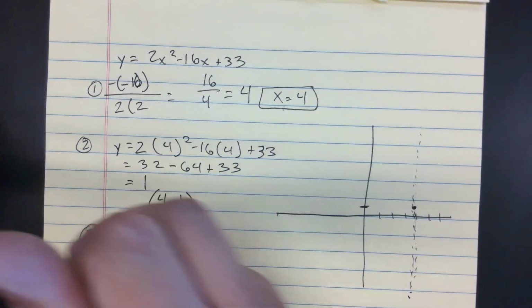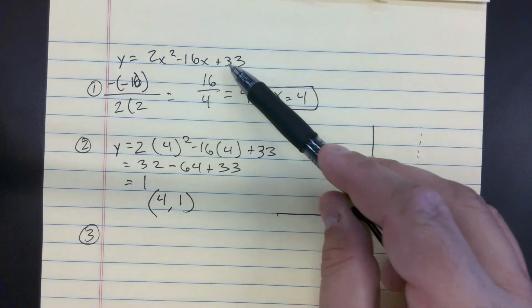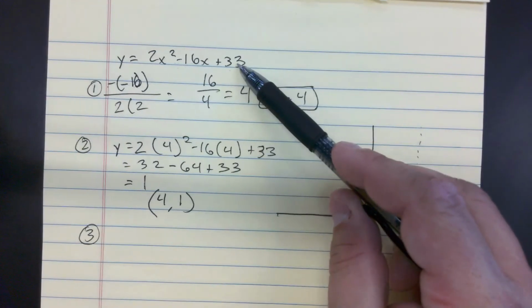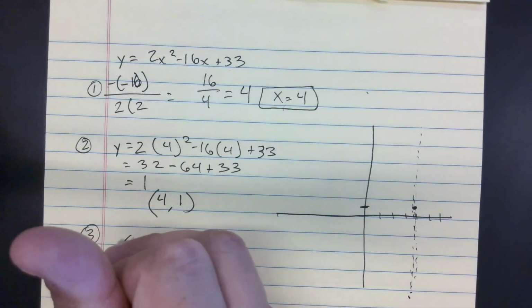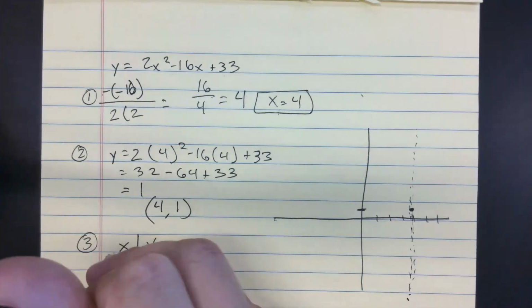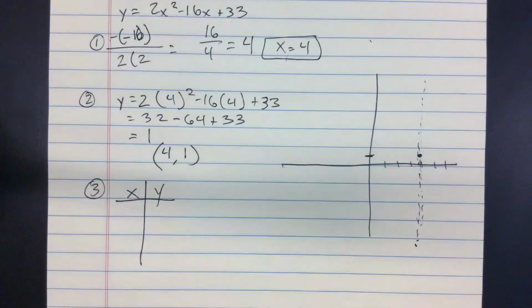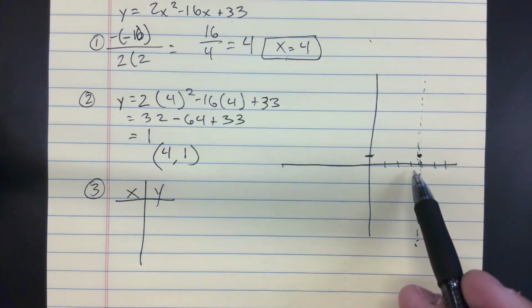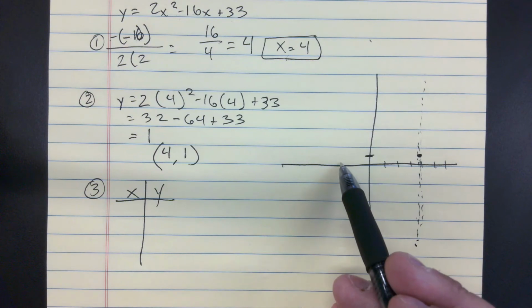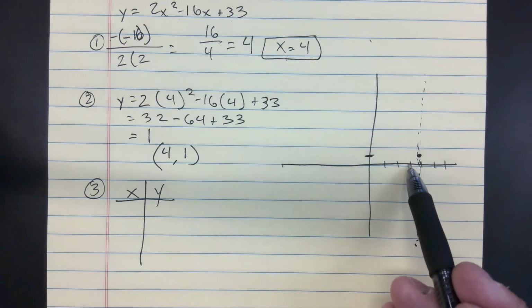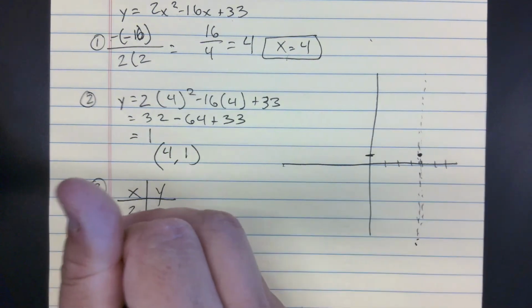Okay, Jordan. 33 can't do it, right? So what are we going to do? What points do you want to pick? We don't want to pick negative over here. We want to go right next to it. So, perfect.